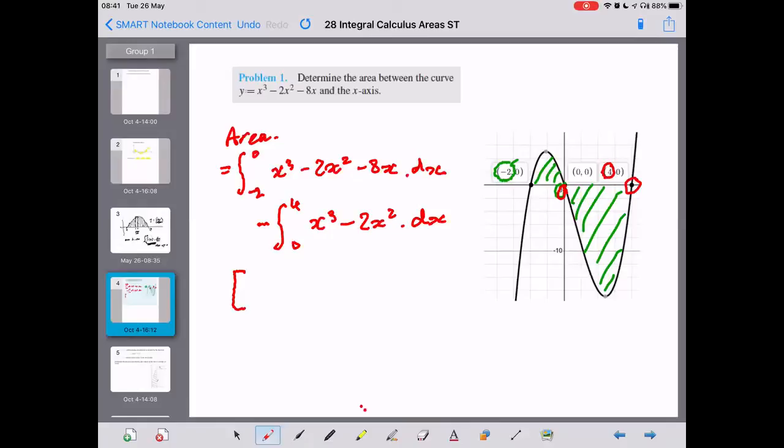Anyone? You can't remember. We keep x, we add 1 to the index, and we divide by the new index.